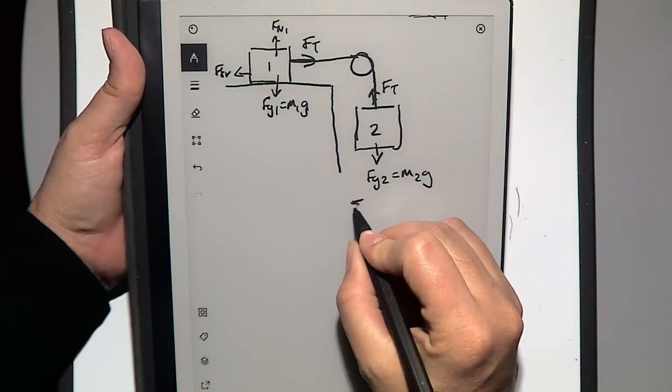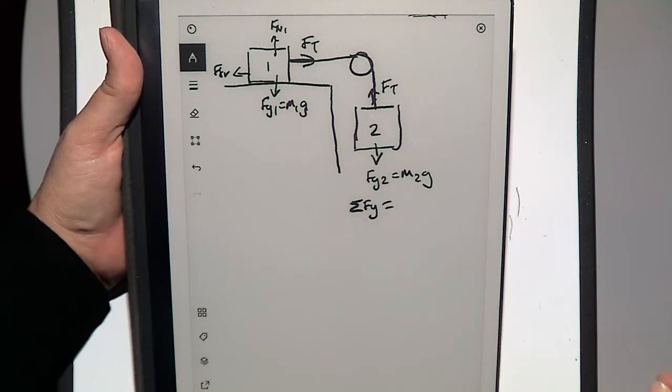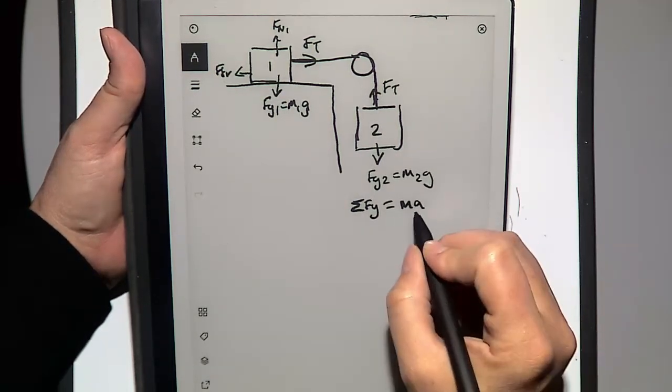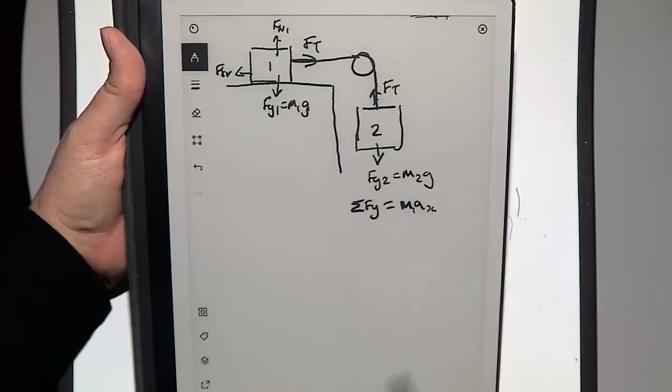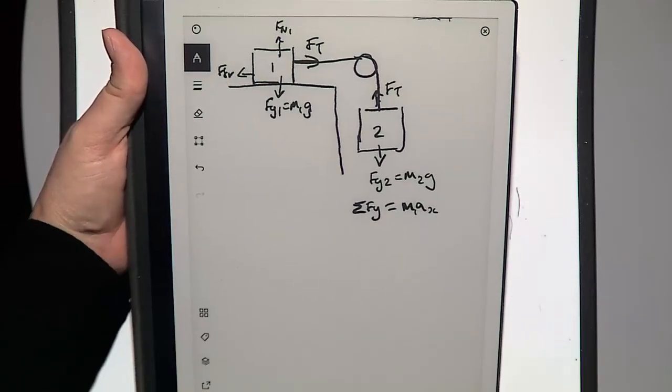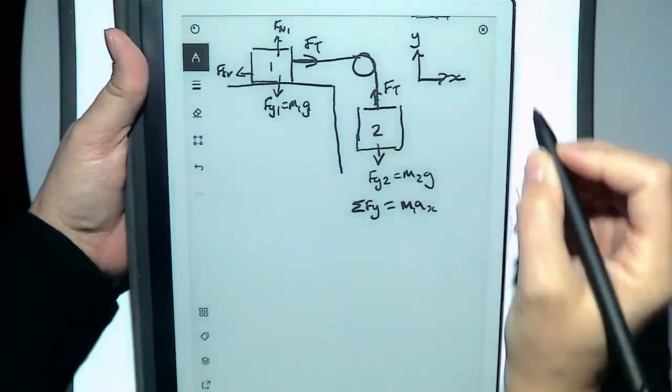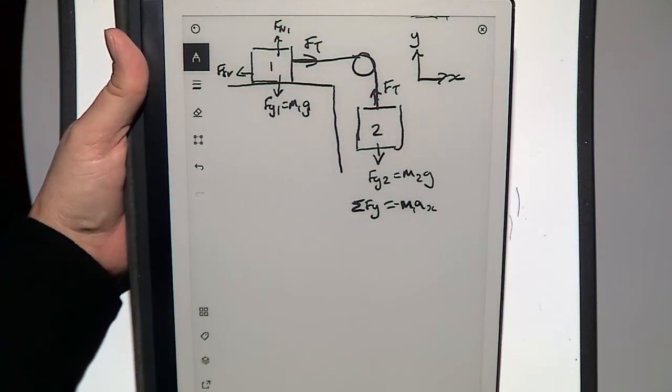So I might as well do that now, because it looks like the path of least resistance. So for this one, we have some sort of acceleration of the system. One thing I've forgotten is the x and y. So I'm going to put a little negative sign to represent the negative direction for that one.